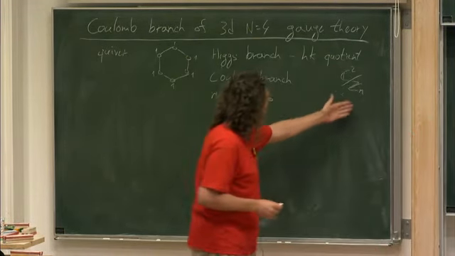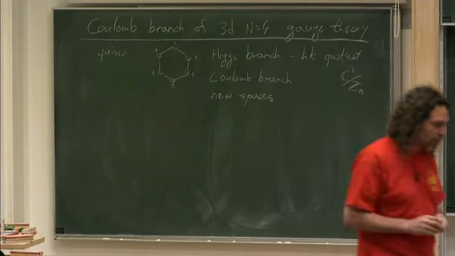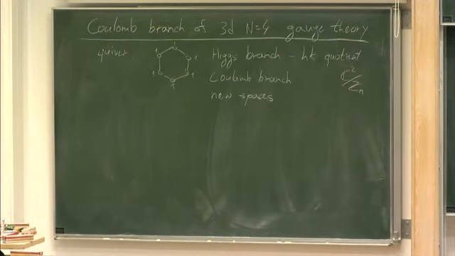In fact, the reason I wrote it as C2 mod Zn is because I'm going to look at the singular limit of these spaces. There is a resolution, an ALE space, and in fact, many times when I'll say ALE space, I will just mean the singular limit of this space.